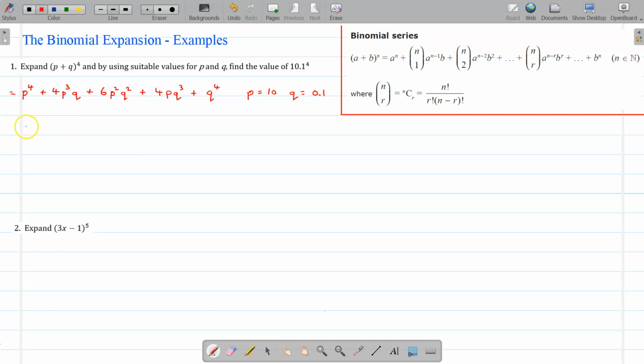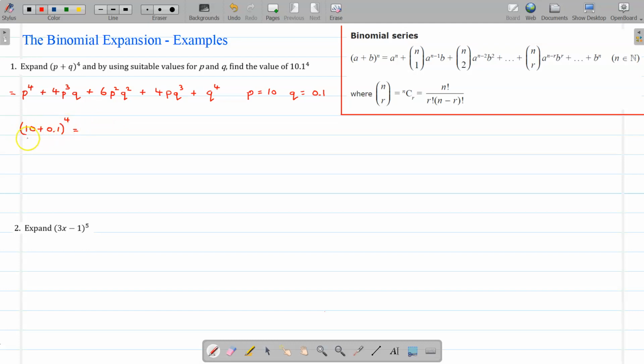So 10.1 is the same as 10 plus 0.1, and we're going to raise that to the power 4, but we're going to use the binomial expansion to do it.